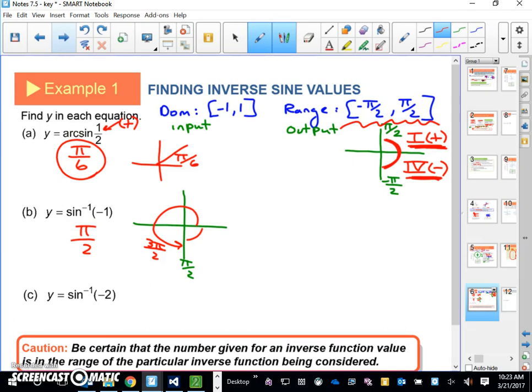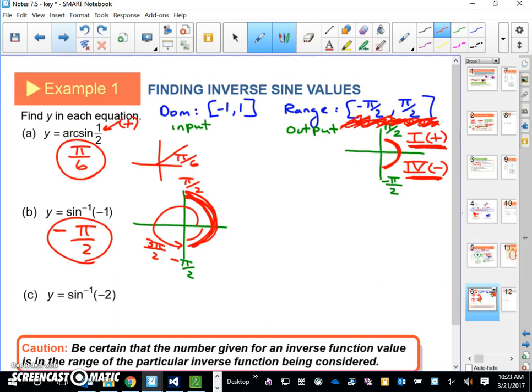The acceptable interval, or the acceptable range, is from negative pi over 2 to positive pi over 2. And so I think a better way of looking at this one is when you have this range, ask yourself the question, am I even allowed to have a negative answer? If you're allowed to have a negative answer, then this is just going to be negative pi over 2.